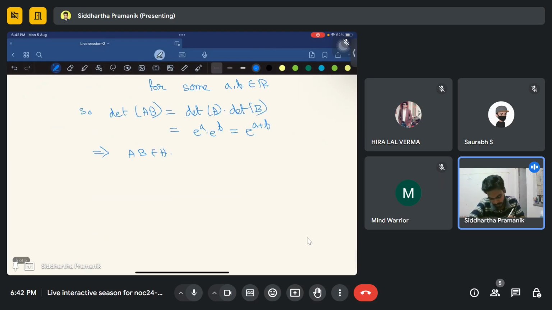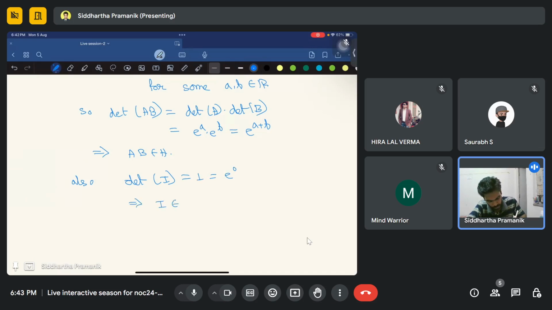And the identity element: what is the determinant of the identity element? It is 1. So we can write it as e to the power 0.